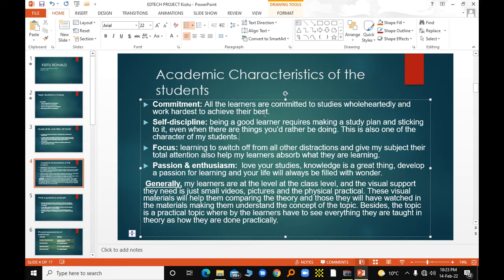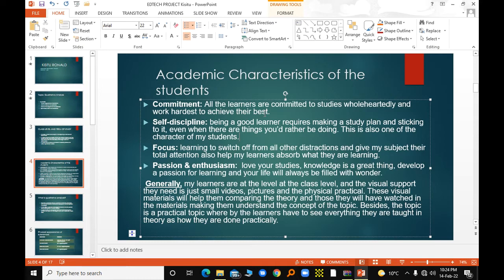Generally, my learners are at the level of the class, and the visual support they need is just small videos, pictures, and physical practicals. These visual materials will help them compare the theory with what they will have watched in the materials, making them understand the concept of the topic. Besides, the topic is a practical topic whereby learners have to say everything they are taught in theory as how they are done practically.